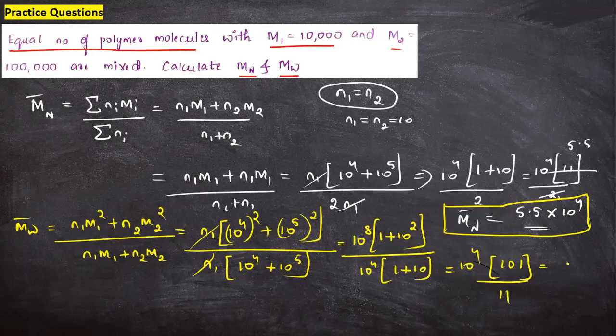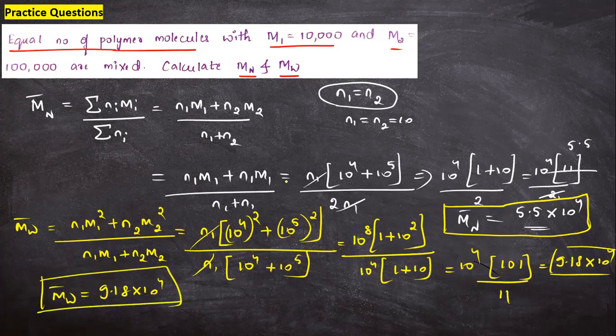So if we solve this, the weight average molar mass is 9.18 into 10 raised to 4.